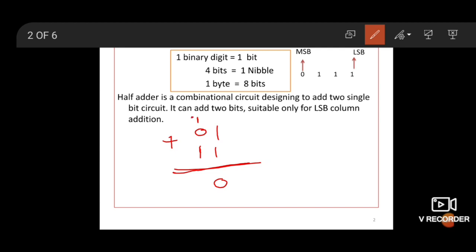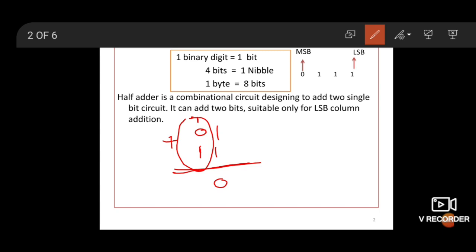bits. But half adder is only addition of 2 bits, so it is called half adder. Here is addition of 3 bits: 1, 0, and the carry 1 from 1 plus 1.